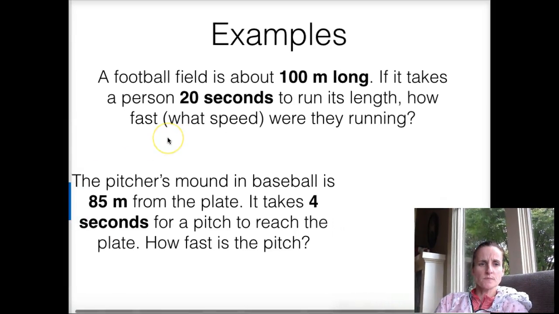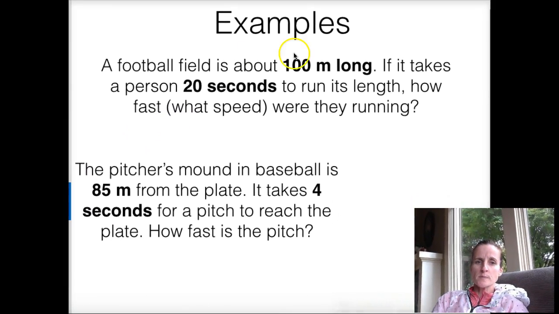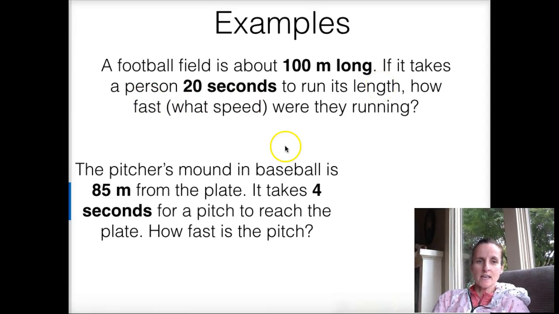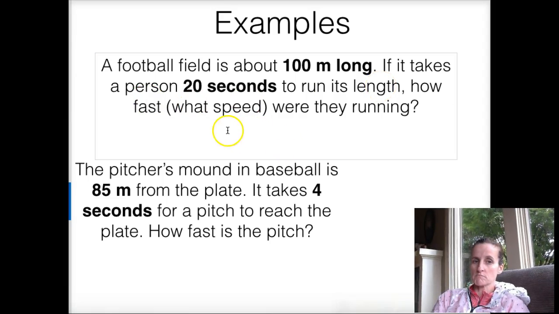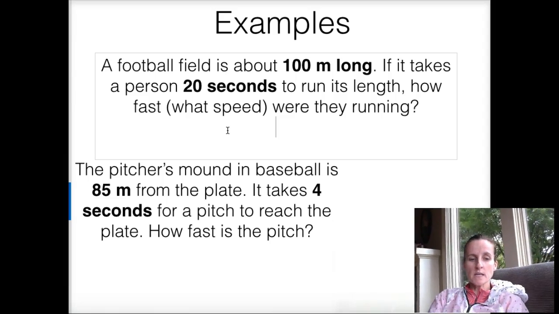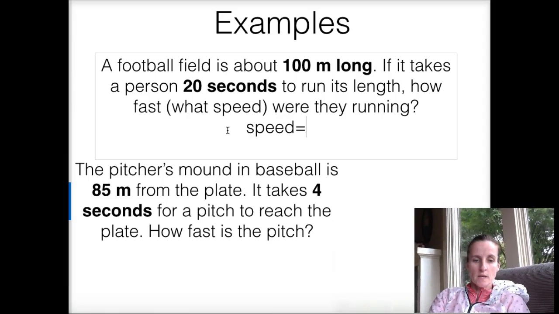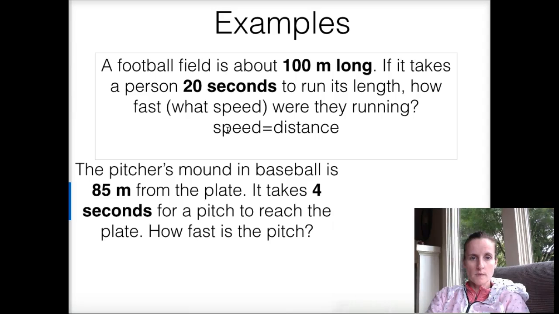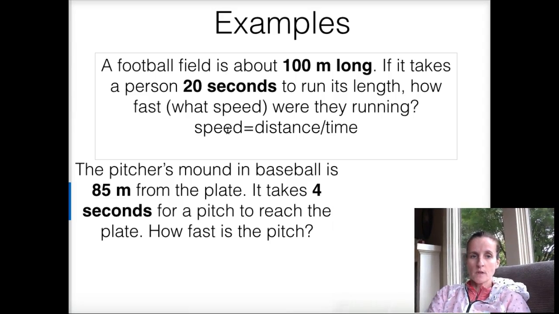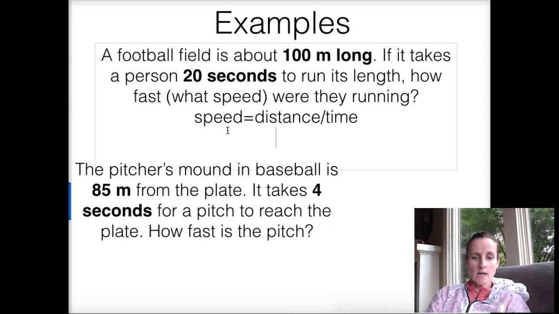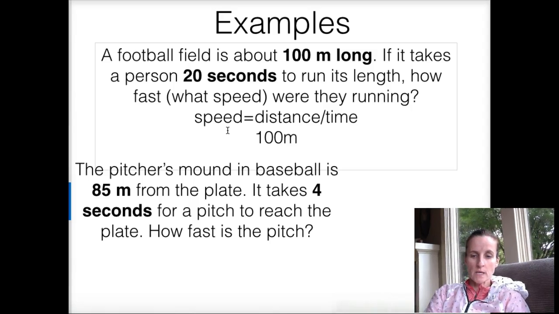Here's an example. So a football field is about 100 meters long. If it takes a person 20 seconds to run its length, how fast were they running? Okay, so if speed equals distance divided by time, then this could simply be written as 100 meters divided by 20 seconds.